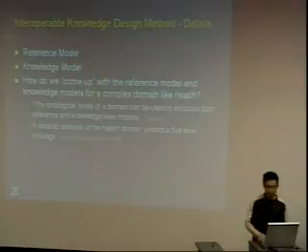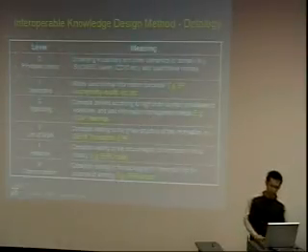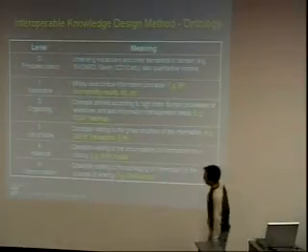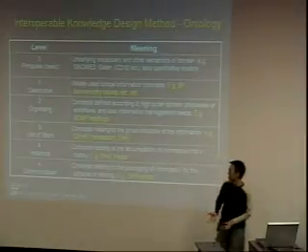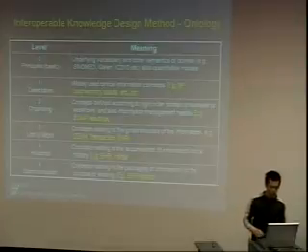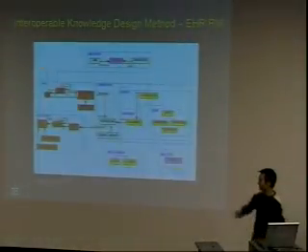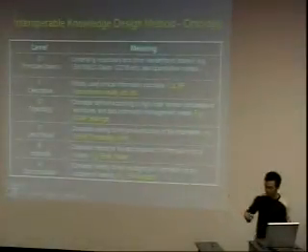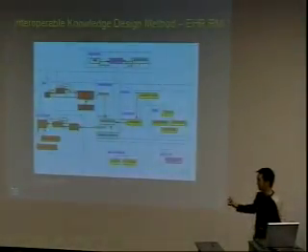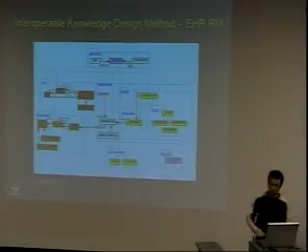This analysis yielded a 5-level ontology, and this is the 5-level ontology that he came up with. I won't go too much into detail of this. As you can see, this is a reference model resulting from this 5-level ontology, and by no means is this trivial or simple.